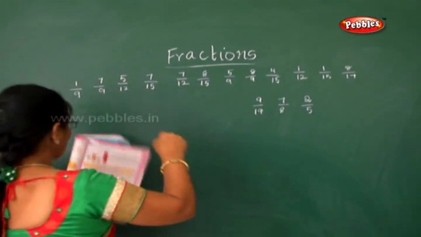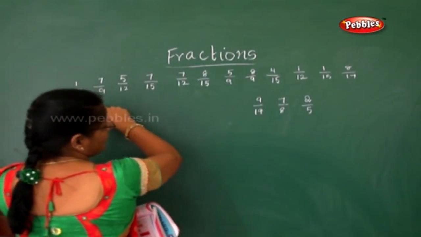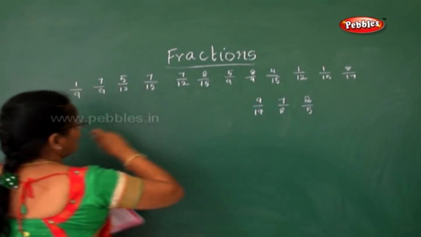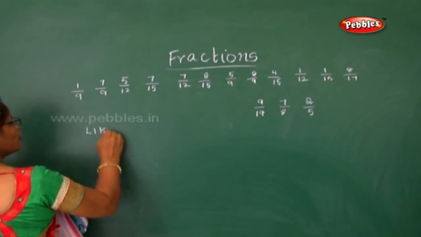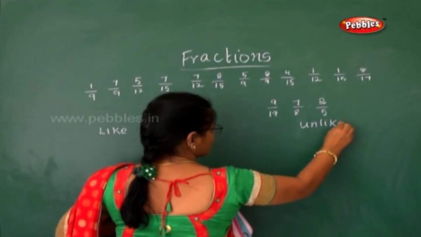Now what you have to do is, you have to divide into three groups of like fraction and one group of unlike fraction.